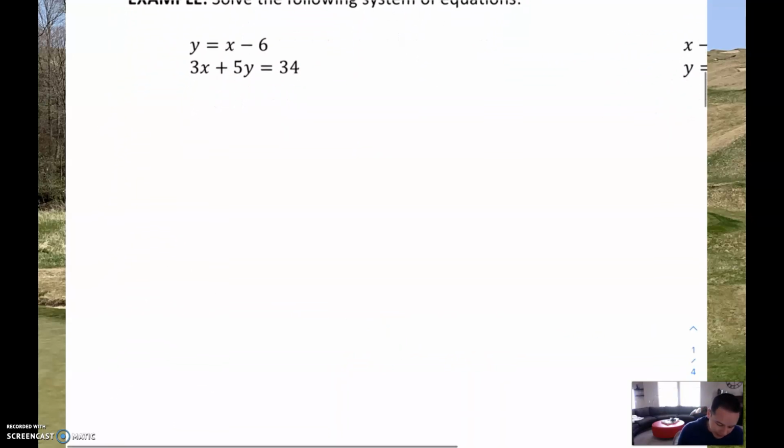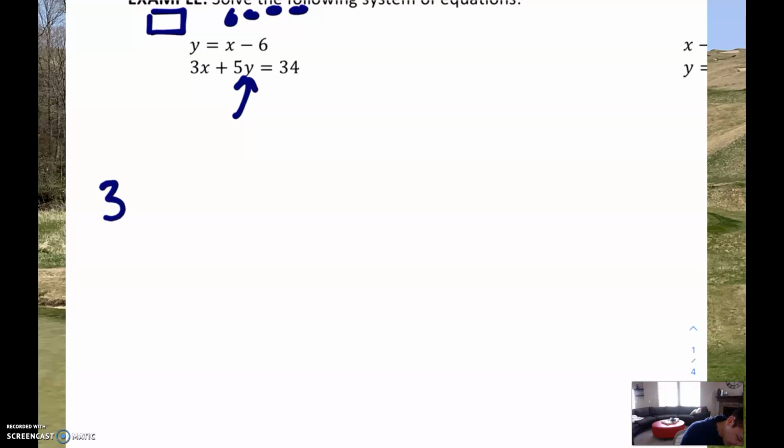I want you to pretend for a second that that Y is like your dollar bill. And this x minus 6, that's like your stack of coins that you have. You can replace every dollar bill with that messy stack of coins. So do you see this dollar bill right here, this Y? We can replace that. We're going to substitute it with the messier version of it, the stack of coins. And let's see what that looks like.